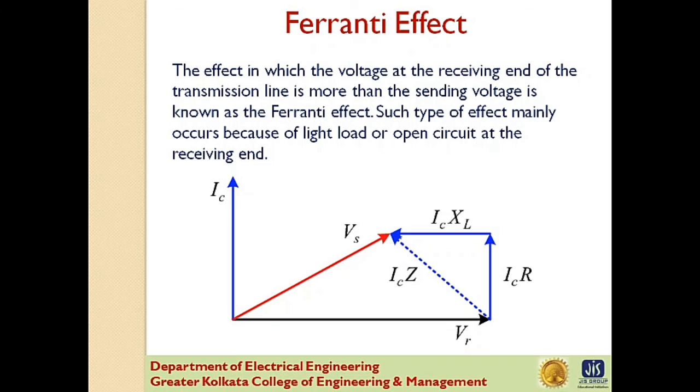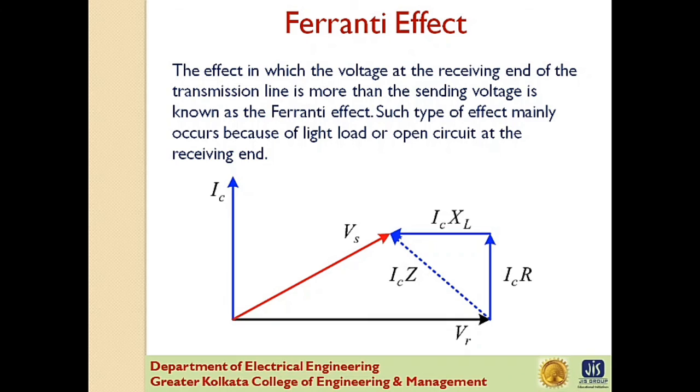Now, a long transmission line can be considered to have a considerably high amount of capacitance and inductance distributed across the entire length of the line. Ferranti effect occurs when current drawn by the distributed capacitance of the line itself is greater than current associated with the load at the receiving end of the line during the light or no load period.